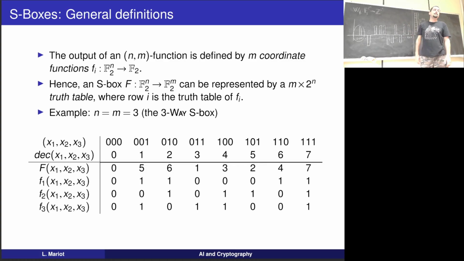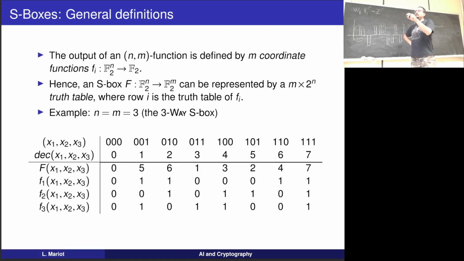And this can be defined by m coordinate functions. So we have again our representation in terms of a truth table. In this example, n is equal to m, which is equal to 3. So it's a 3 by 3 bit Sbox, called the three-way Sbox because it was used in a cipher invented by Joan Daemen called Three-Way.